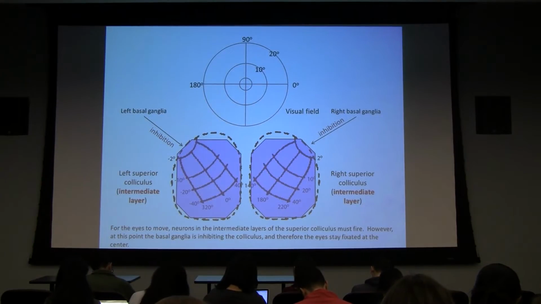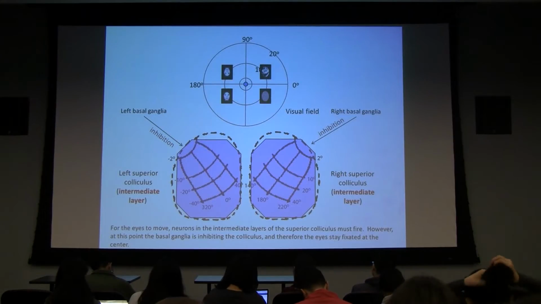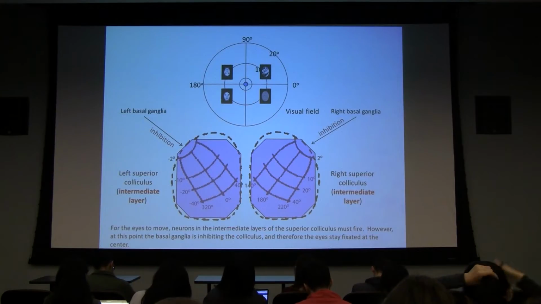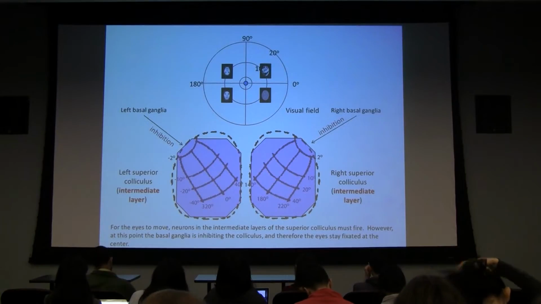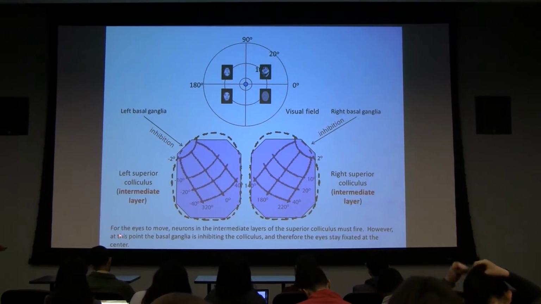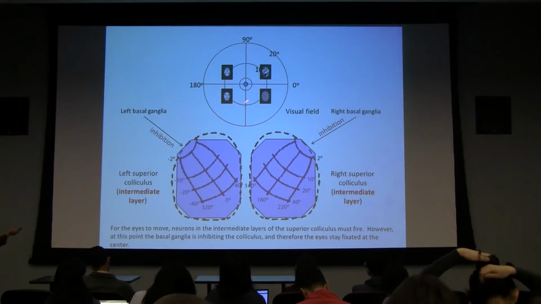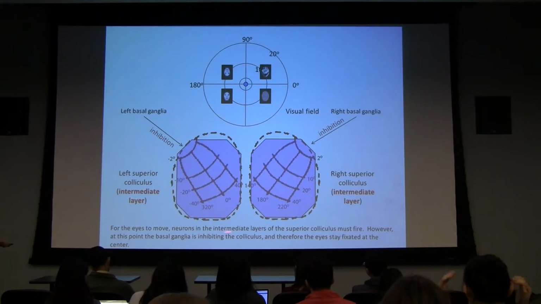Something has to allow you to move, to remove that inhibition. In the intermediate layers of the colliculus, you must get activity, but those layers are getting inhibition from the basal ganglia. So at 100 milliseconds after you've seen this, the basal ganglia is still inhibiting the colliculus. You can't move there. You can't quite move.